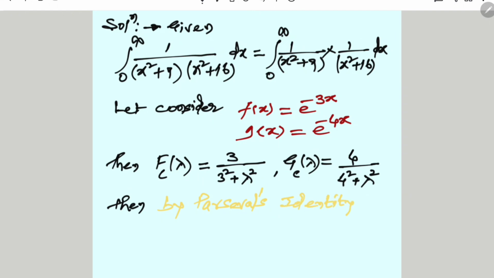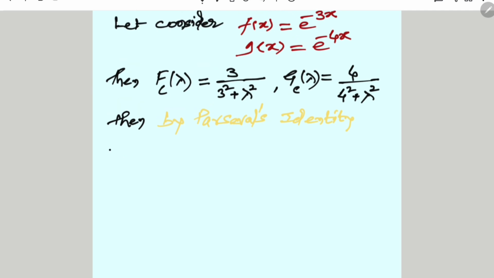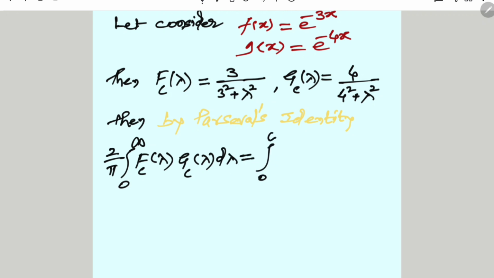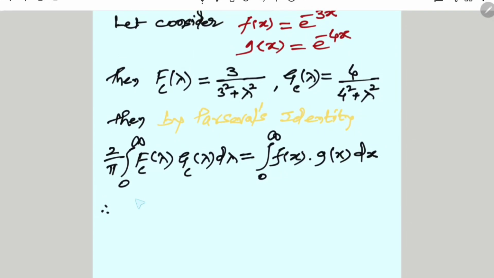Then by Parseval's identity, we have 2 by pi integral from 0 to infinity Fc lambda into Gc lambda d lambda is equal to integration from 0 to infinity f of x into g of x with respect to x.